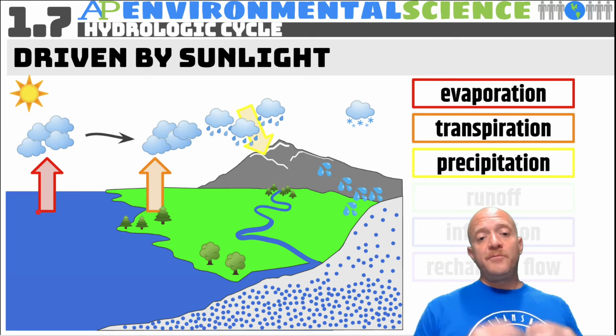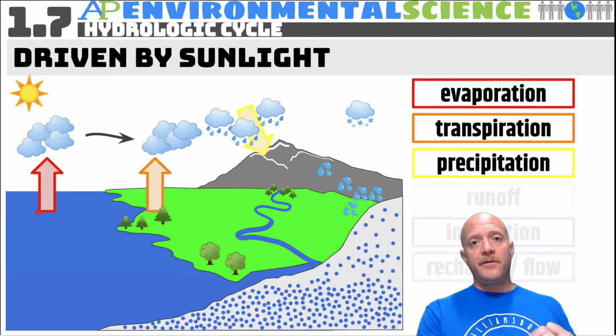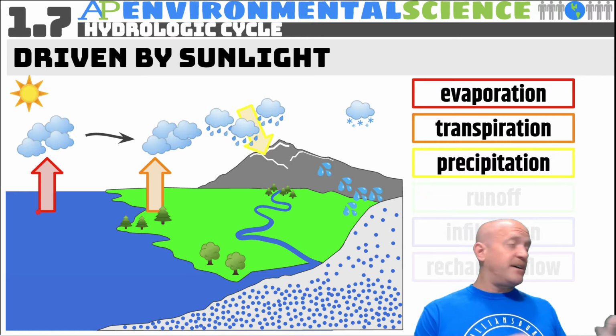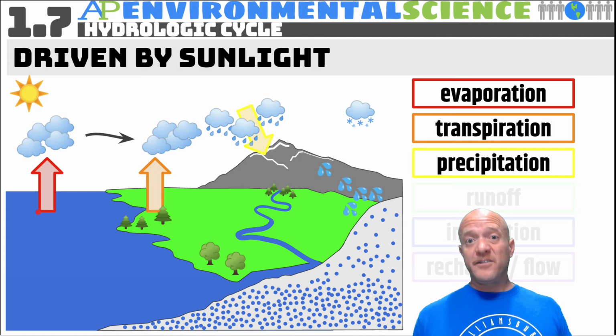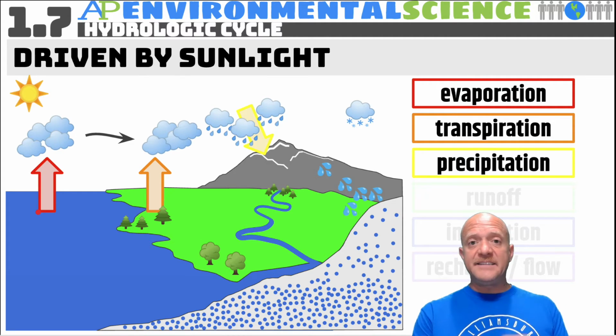When there becomes too much water vapor in the atmosphere, the water vapor condenses onto little tiny dust particles in the atmosphere, and they form clouds. And if you look outside, you'll see that the clouds are a little bit gray. That's because there's dust particles that the water is condensing to.